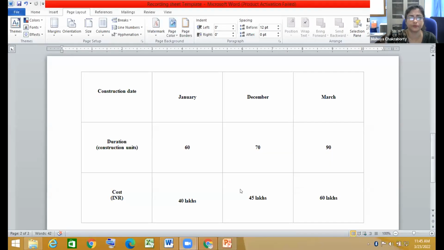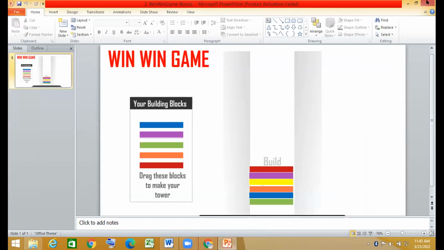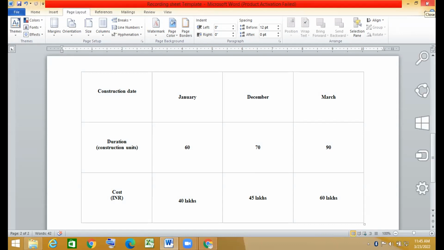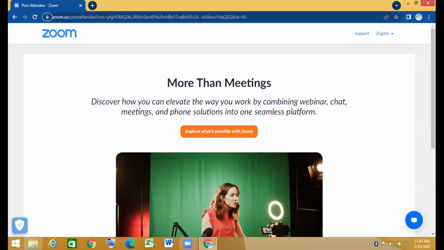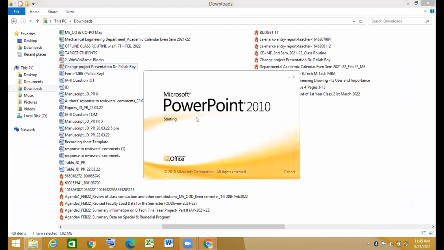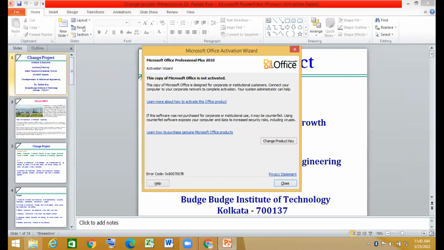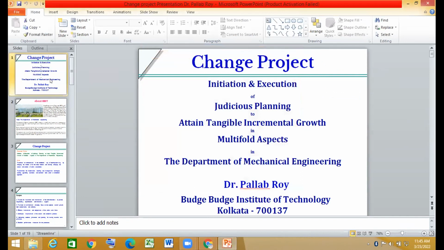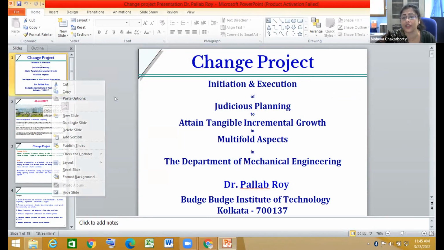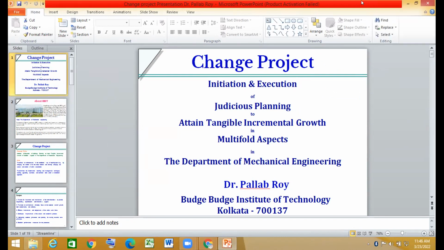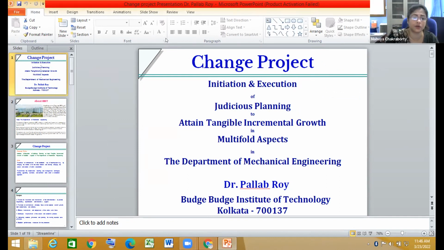Ma'am, where will the link be given? Actually, I will post it in the Zoom session. I will post the 2 forms, the feedback form and the self-evaluation form, in the classroom. Are you posting it in the chat window of Zoom? I thought that after this session I will post it. Okay, you can share it now. I am sharing it now. The 2 forms.